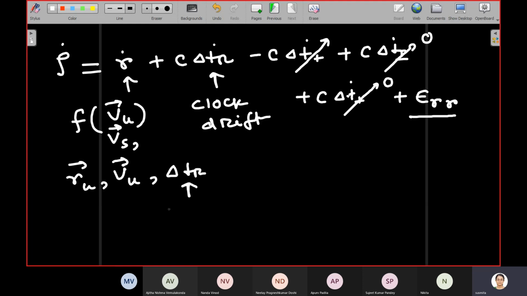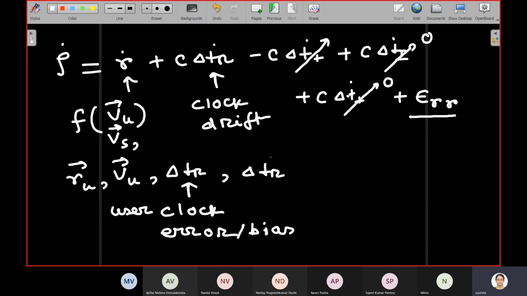This is also called clock bias, clock error, or user clock error. And this δt_R dot gives clock drift.